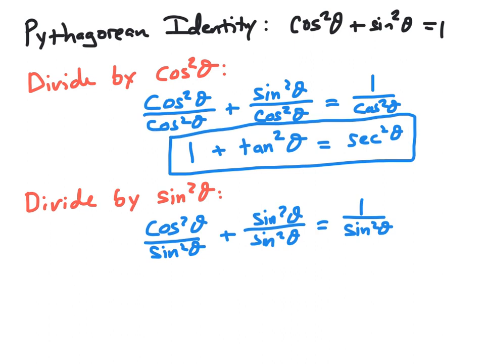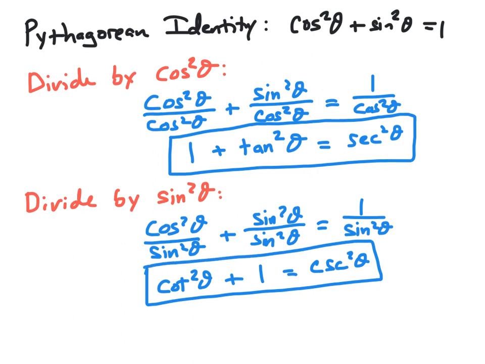When this is simplified, our first term is cosine squared over sine squared, which will become cotangent squared. Sine squared over sine squared is 1, and the reciprocal of sine squared is the cosecant squared. And so we obtain another relationship between trig functions squared, specifically that cotangent squared of theta plus 1 is equal to the cosecant squared of theta.